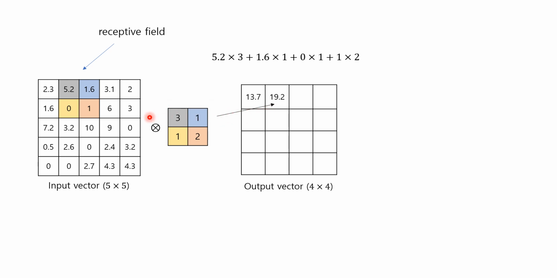So it multiplies 3 times 5.2 and 1.6 times 1 and 0 times 1 and 1 times 2 and sums them up. This process is repeated by moving the kernel one position right until the end, and the output vector will be filled, and the final output vector is called feature map.